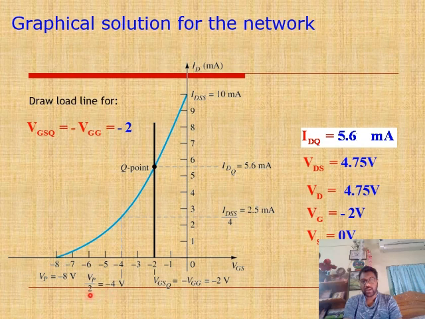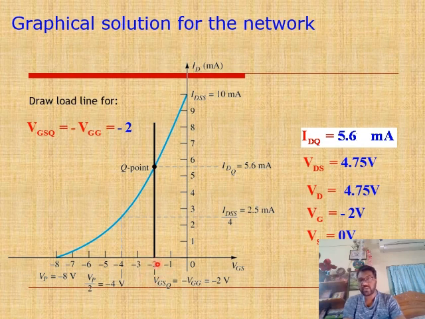Then at a medium point, let us say at minus 4, the current will be IDSS by 4, that is 2.5 milliampere. At the Q point, IDQ we have found is 5.625 milliampere. So let us take 5.6 milliampere, and that is achieved at a VGS of minus 2.